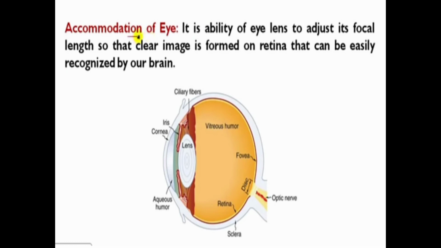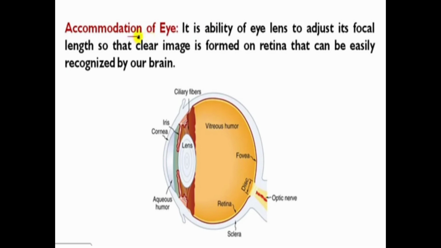Accommodation of the eye. It is the ability of the eye lens to adjust its focal length so that a clear image is formed on the retina that can be easily recognized by our brain. What is accommodation of the eye?